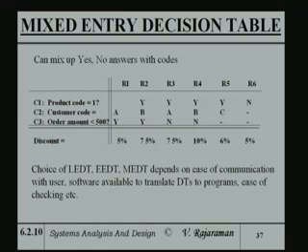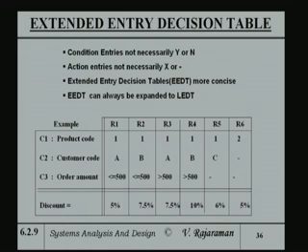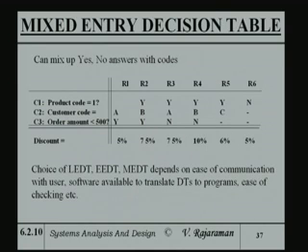Like in this case, you have only 1 or 2 as two alternatives. So you can say product code equal to 1 or no. Similarly, order amount is only less than 500 or greater than or equal to 500. So that is the reason why I can use yes or no. So this kind of a table is also allowed.